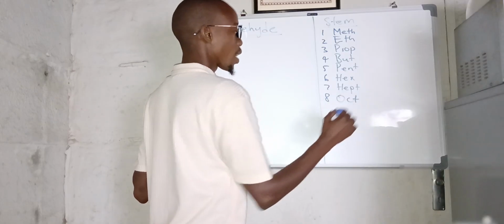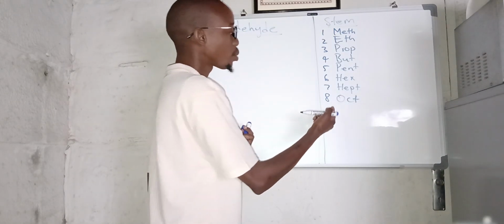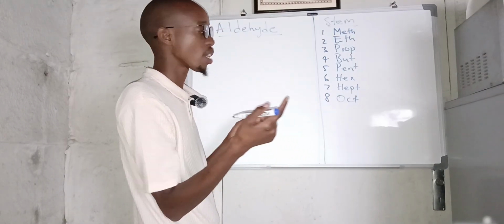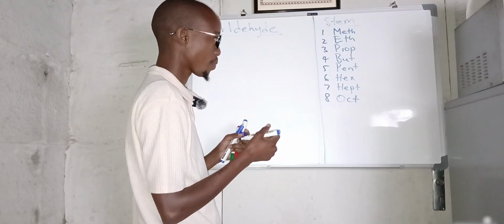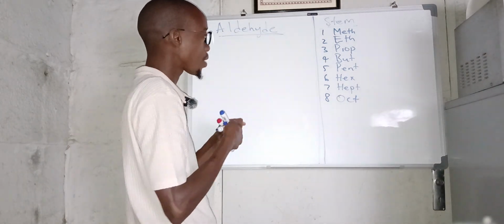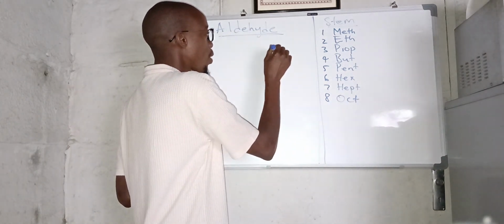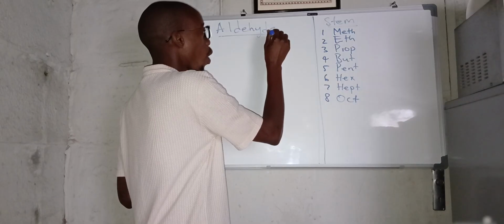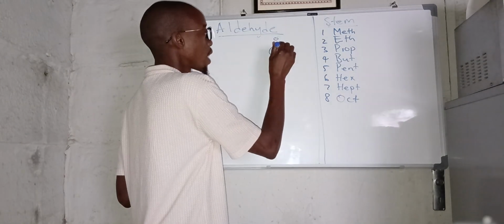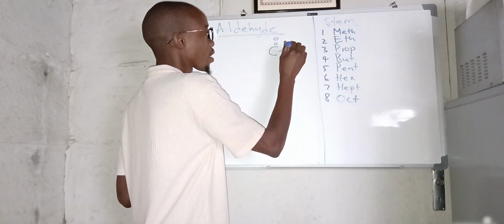For CAPS and grade 12, we are allowed only to teach you up to a longest carbon chain of 8 carbons. So now let's remind ourselves of the functional group of aldehyde. We said it is the carbon bonded with a double bond to oxygen, and it is always on the first carbon.